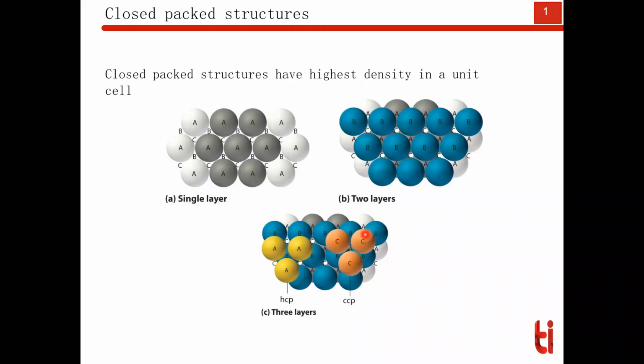That means you have an A, B, C, A, B, C kind of geometry. This is called the CCP geometry. CCP here stands for cubic close pack structure.